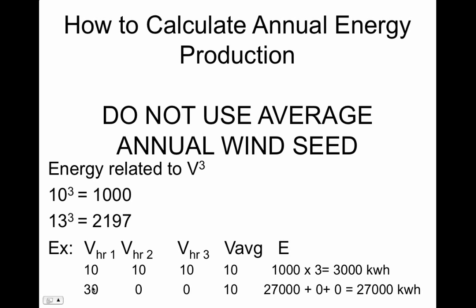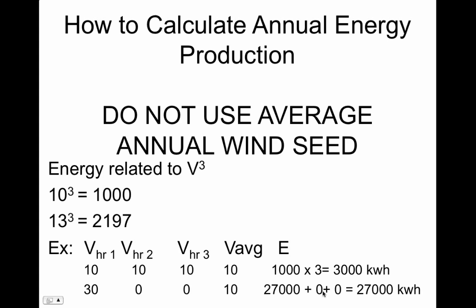Now, let's look at another scenario where we have 30 miles per hour wind speed for the first hour, and then it drops to 0 for the second hour and the third hour. If we look at the average, it's 30 divided by 3, still 10 miles per hour. But the energy was related to 30 cubed, which is 27,000.